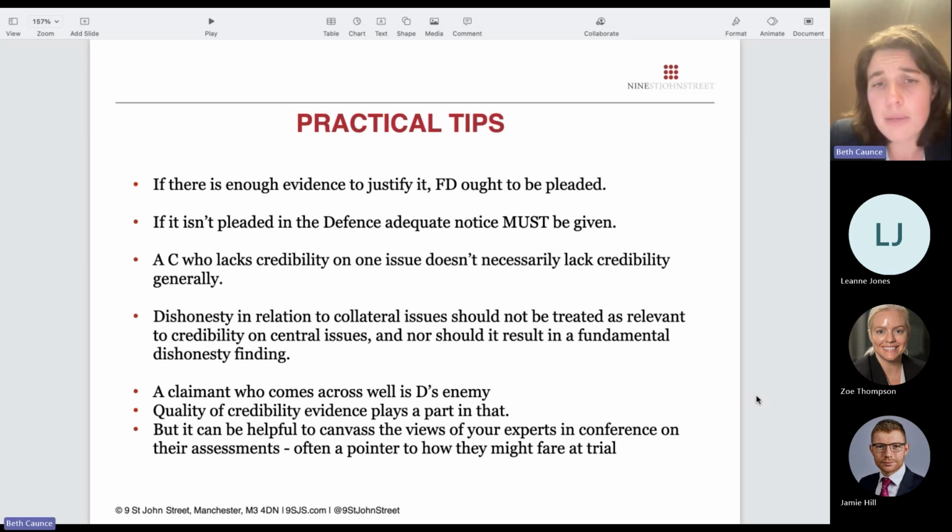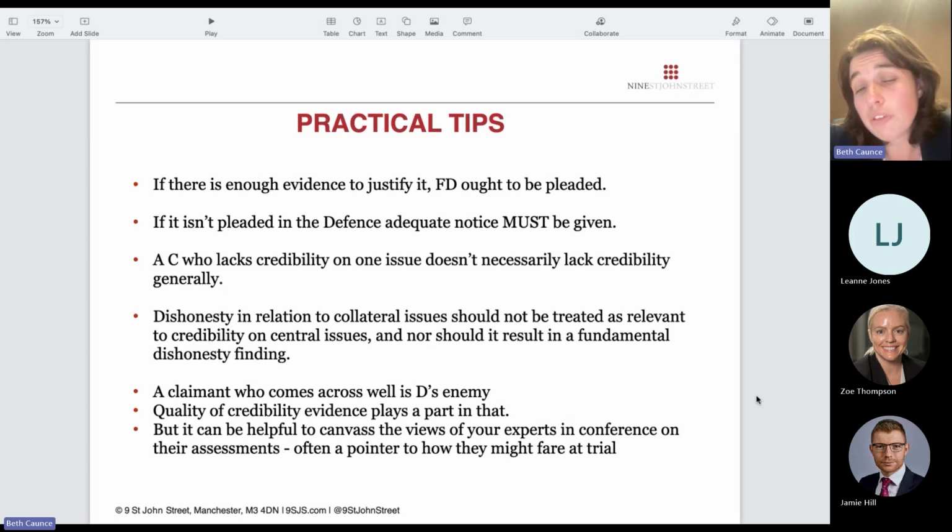In terms of the types of issues that might lead to an FD finding, credibility on one issue doesn't necessarily mean a claimant is unlikely to be believed on another, and dishonesty on collateral issues, again, should not be treated as being particularly relevant to credibility on central issues, nor should it result in a fundamental dishonesty finding.